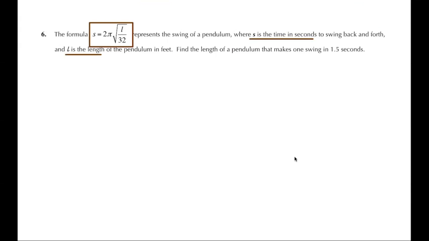They want us to find the length. So we're looking for the length of the pendulum that makes one swing in 1.5 seconds. That tells me that S is 1.5.